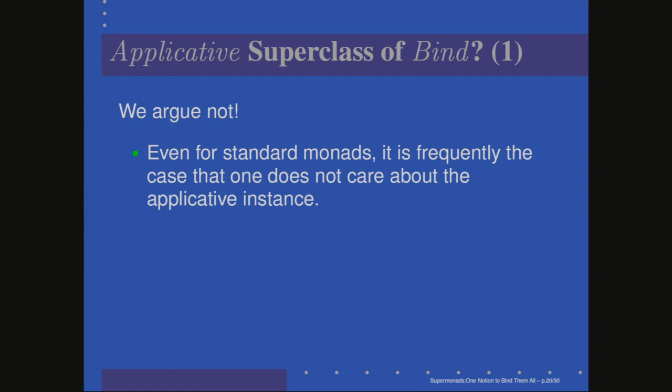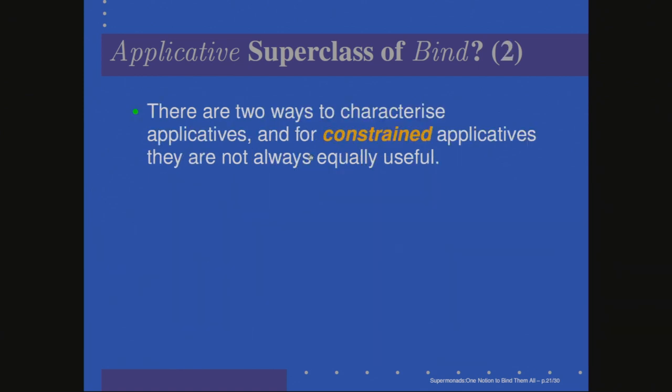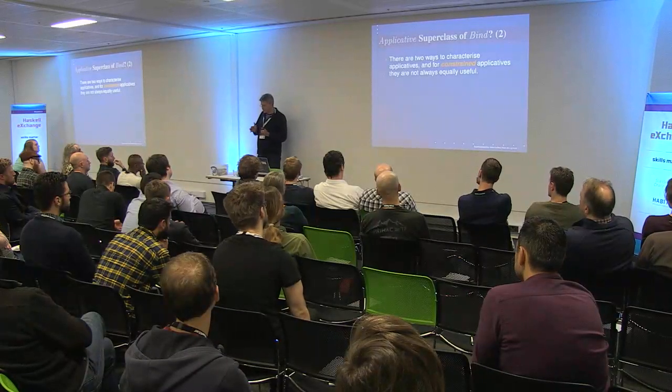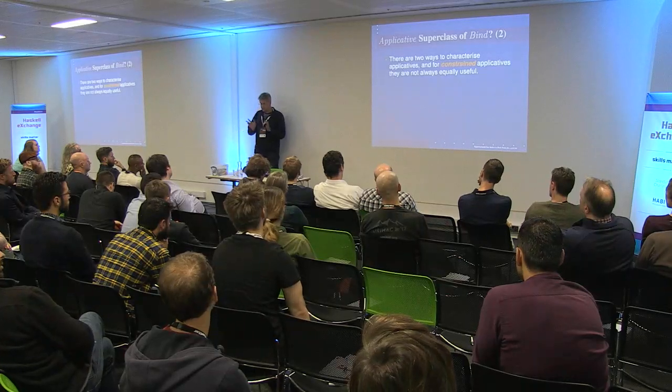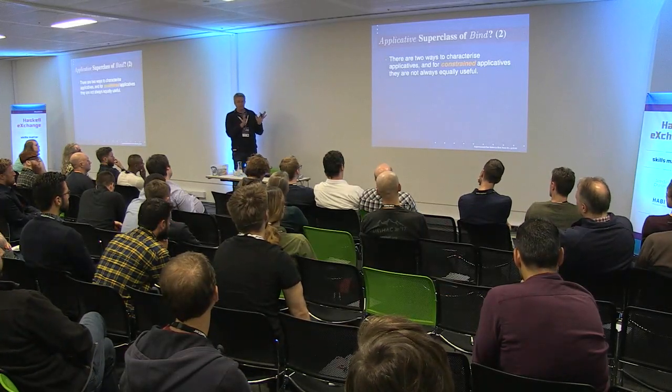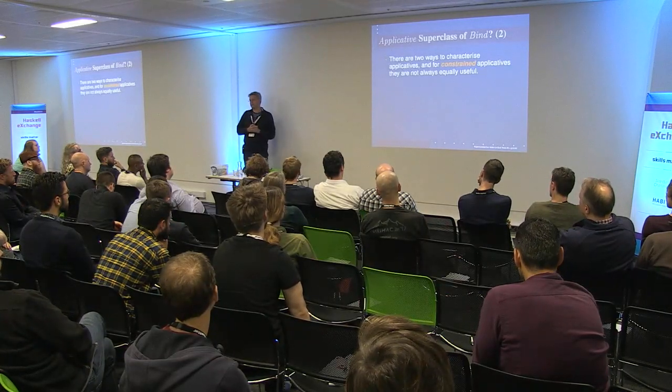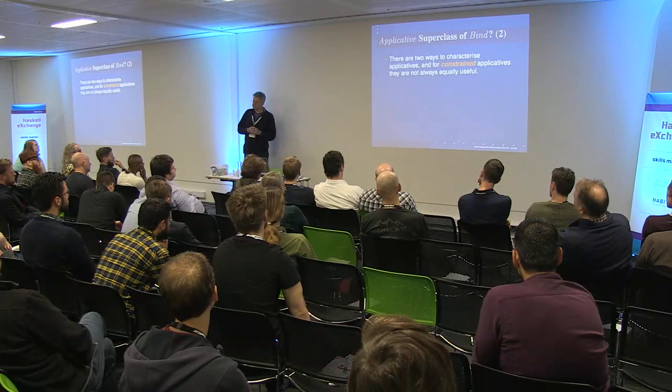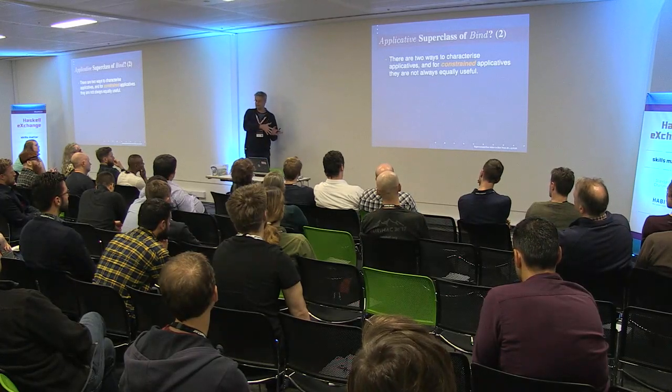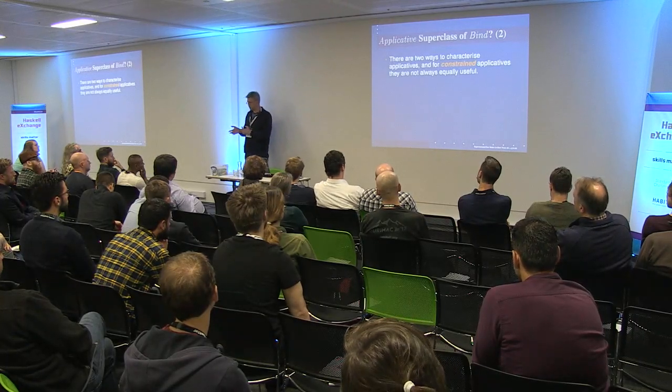In this setting, the case is even more compelling because there are two ways to characterize an applicative, through which operations you put into the class definition. And normally they're completely equivalent, but in this setting, when we have constraints, they are not completely equivalent, as it turns out. So in some cases, one formulation is useful and the other one is significantly less useful.